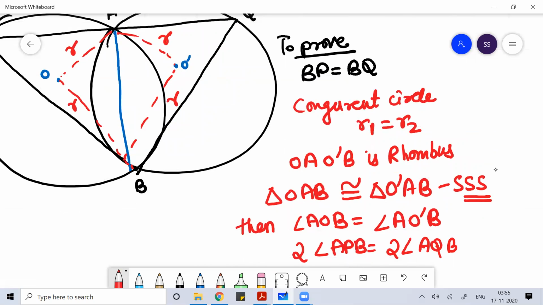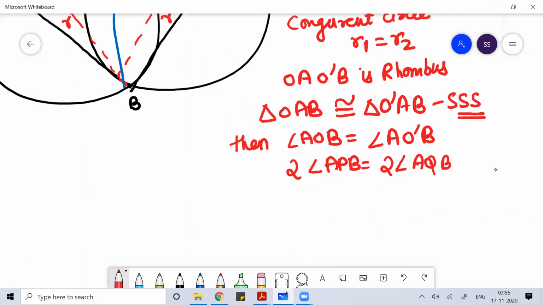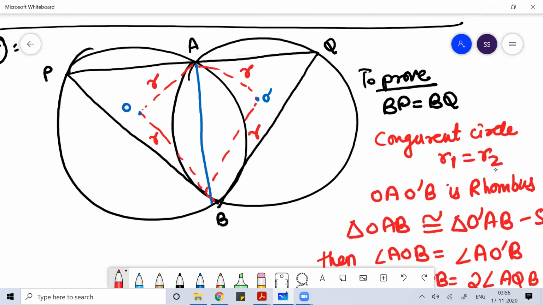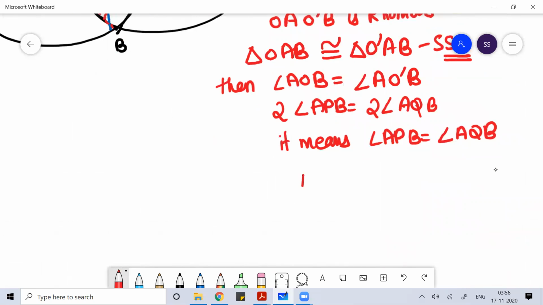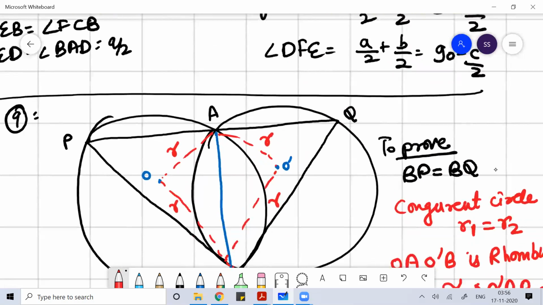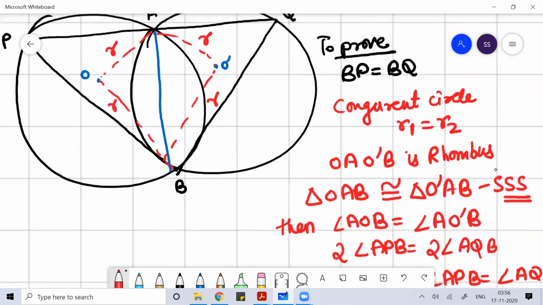Then you know that the angle formed at the center of the circle is double the angle formed on the circumference. So angle APB will be equal to angle AQB. If they are equal, it means BP is equal to BQ.